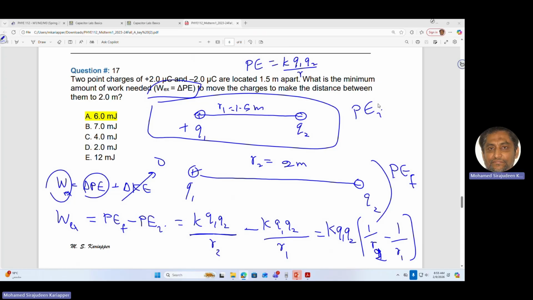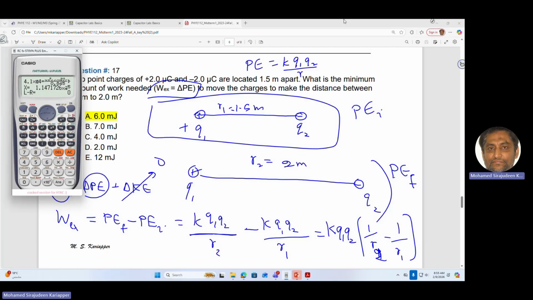I want to simplify it a little bit. If you don't like this simplifying, you can just put everything in the calculator as well, no issue. So let me get my calculator. I'll clear the stuff. K, tell me what is K? 8.99 exponent 9. Multiply by Q1.